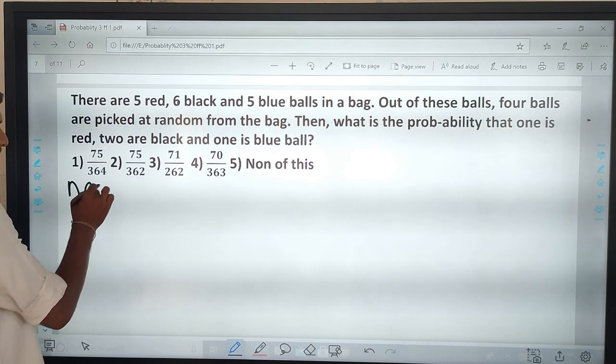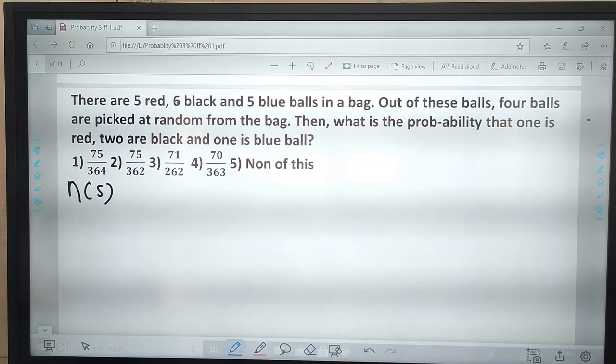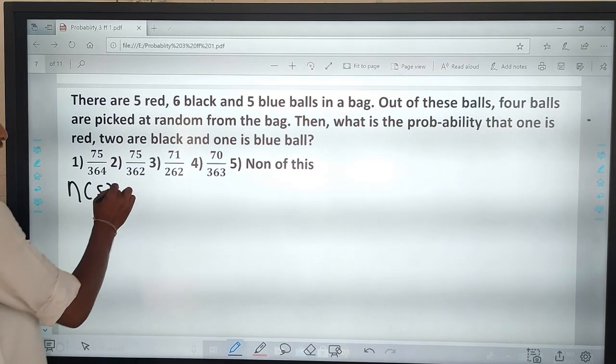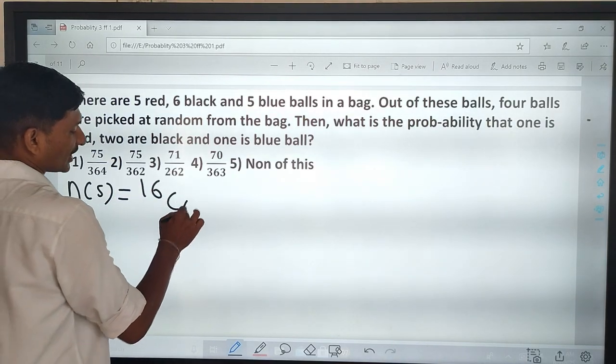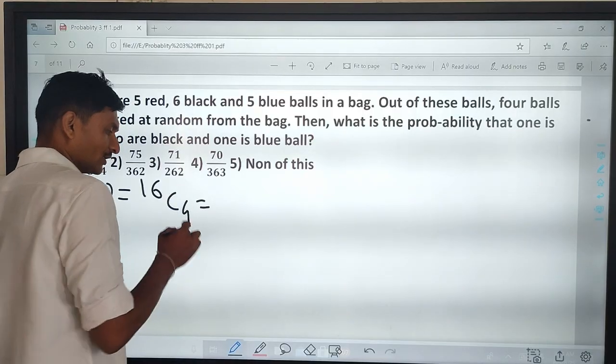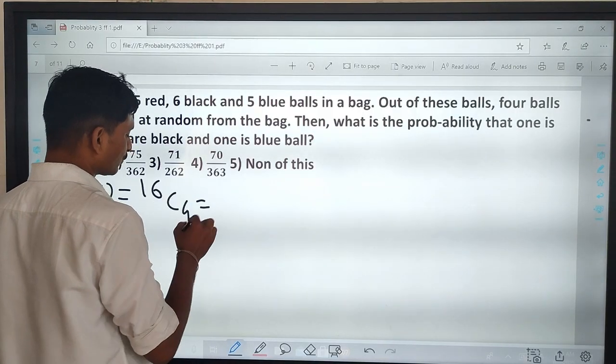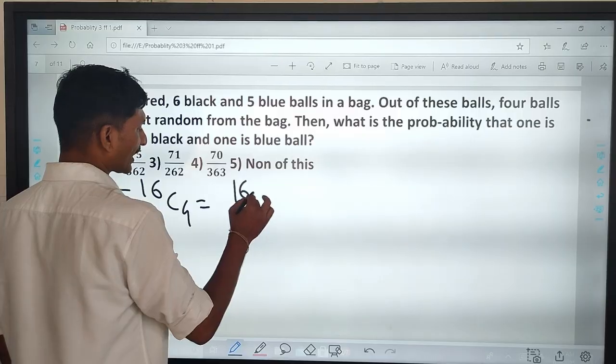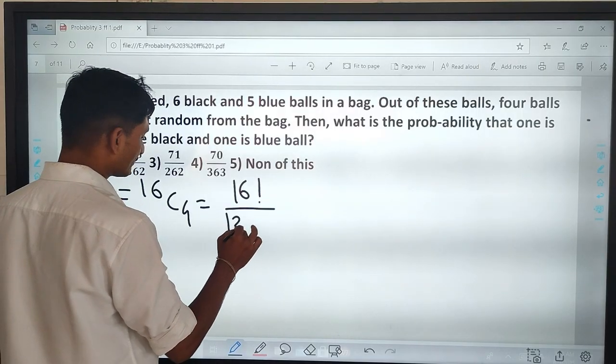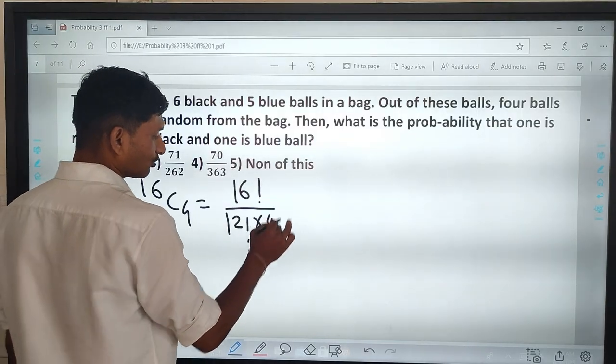Here we find n of S. n of S is equal to total balls are 16. Out of 16 balls, 4 balls are drawn, by 16C4. Here we write 16 factorial divided by (16 minus 4) 12 factorial into 4 factorial.